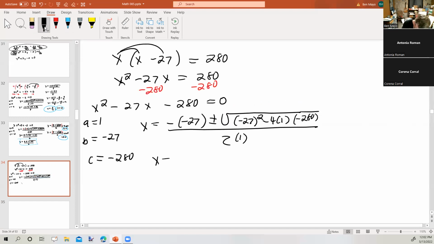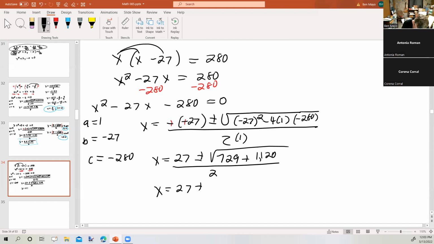All right, X equals, subtracting a negative is like adding a positive, 27 plus or minus the square root of negative 27 times negative 27 is positive 729. Minus 4 times 1 would be negative 4 times negative 280 comes out to a plus 1120, all over 2 times 1 or 2.